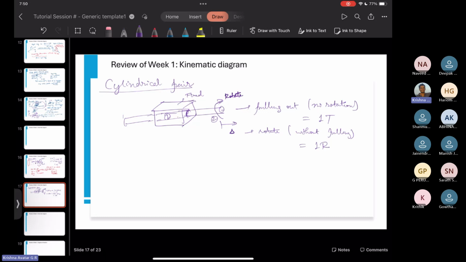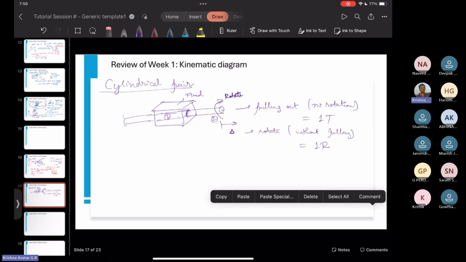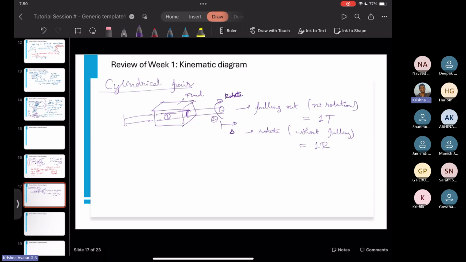And one does not affect the other. I'm just giving two extreme cases: pulling without rotation, and the other extreme is rotating without moving from the place, which means that S is equal to 0. There is no translation.